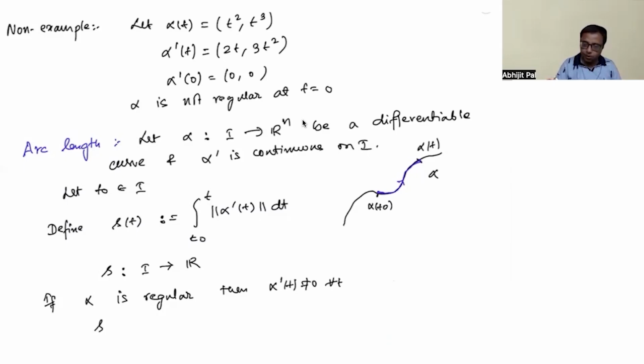If I take the derivative of s, s prime t is equal to the norm of alpha prime t, which is always greater than 0.